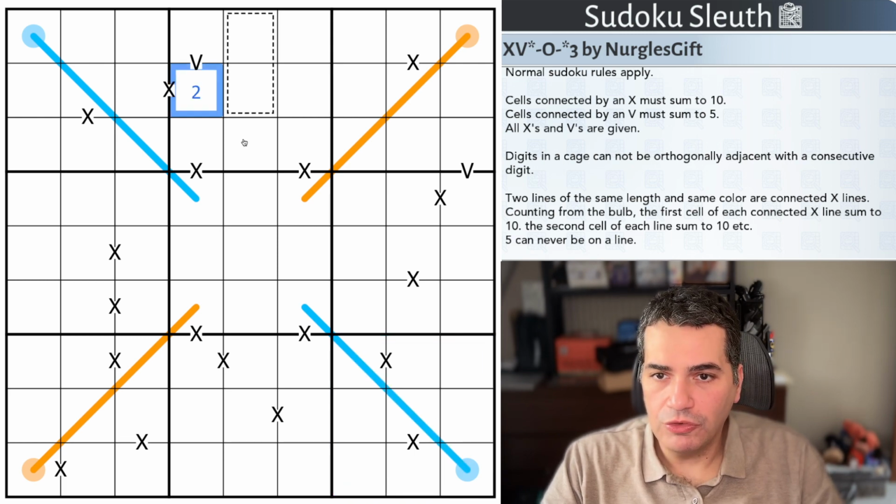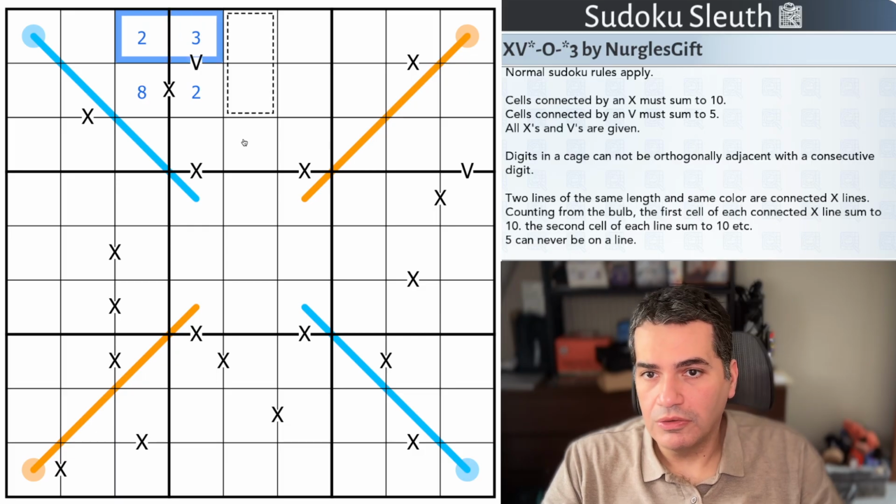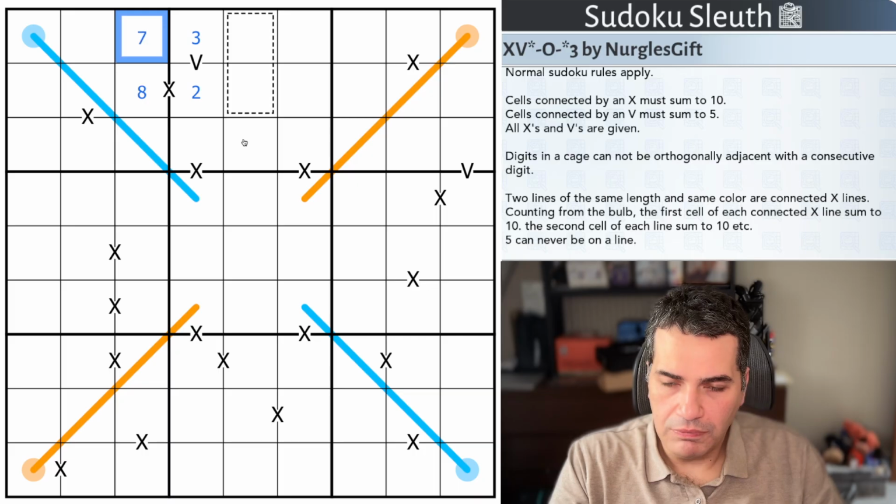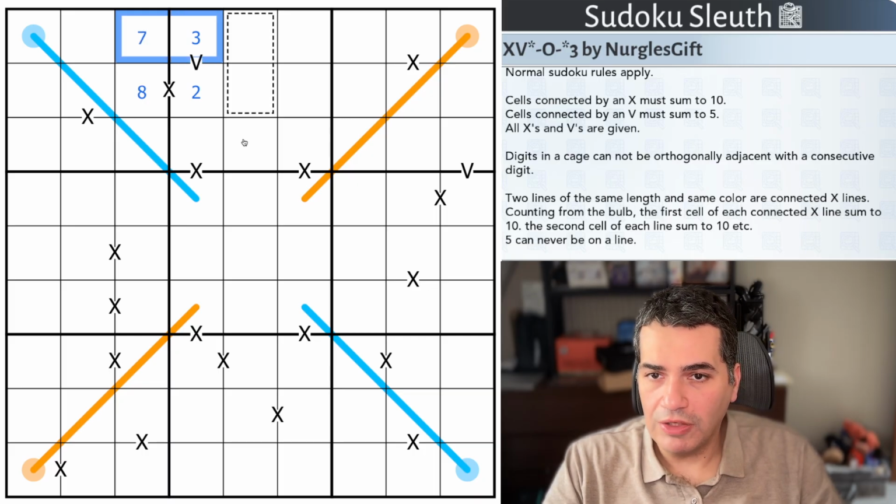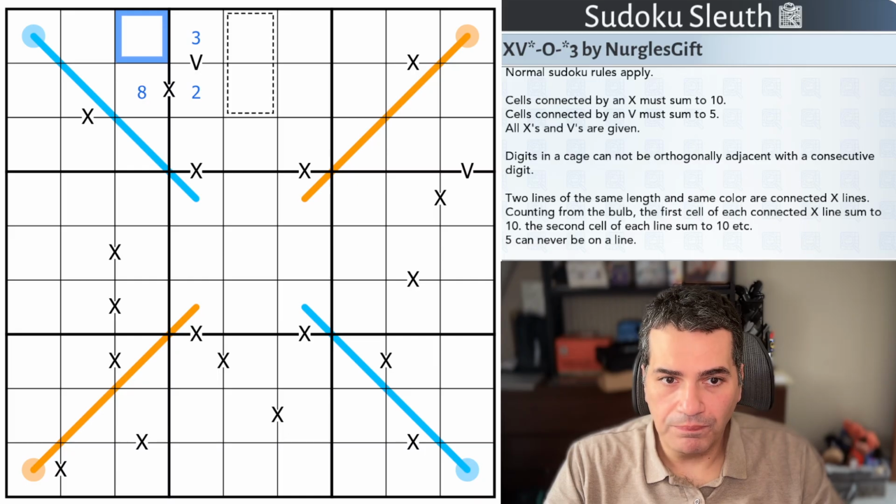So if this cell is a 2, for example, these two cells that must sum up to 10 would mean that this is 8. These two cells that must sum up to 5 would mean that this is 3. Negative constraint means I can't place a 2 in here, because that would create a V, well, without a V, and I can't place a 7 in here, because that would create an X without an X. So that's how the negative constraints would apply.